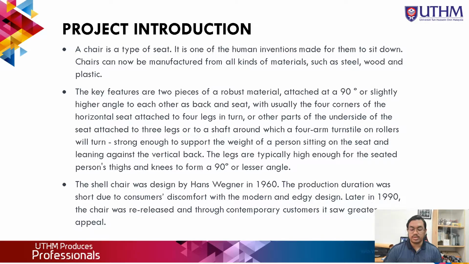The chair needs to be strong enough to support the weight of a person sitting on the seat and leaning against the vertical back. The legs are typically high enough for the seated person's thighs and knees to form a 90-degree or lesser angle.